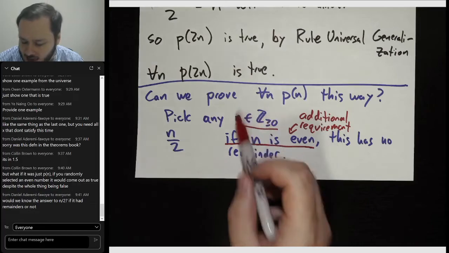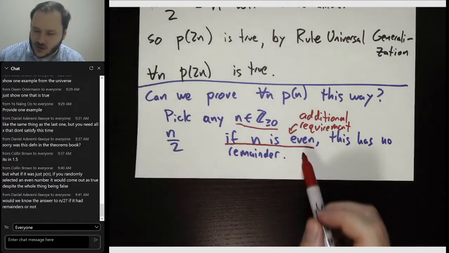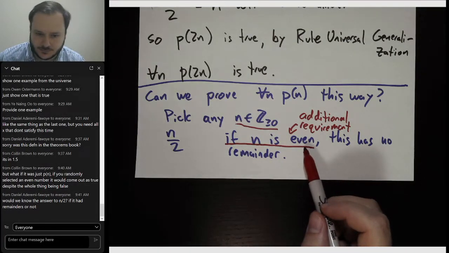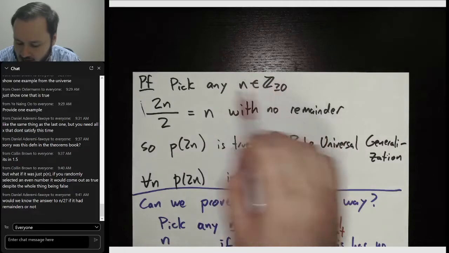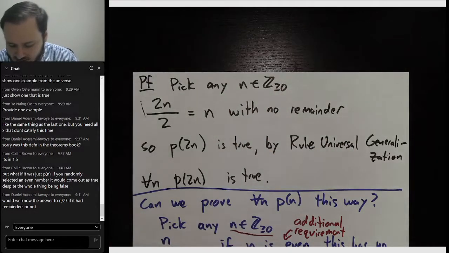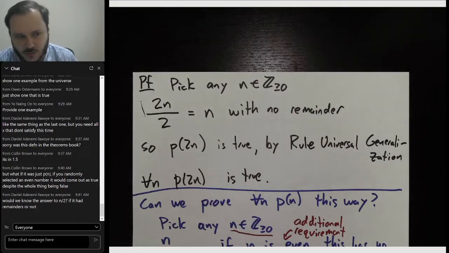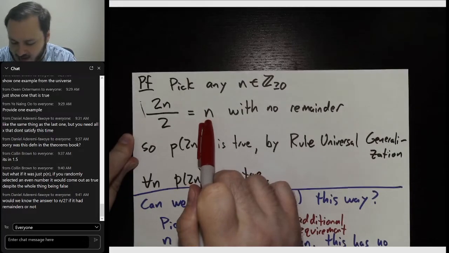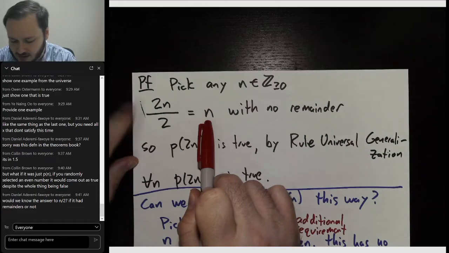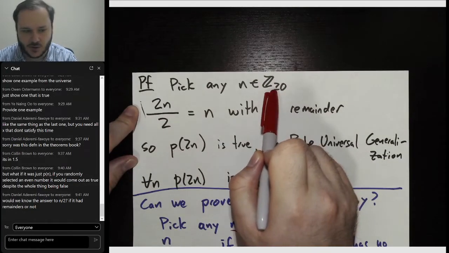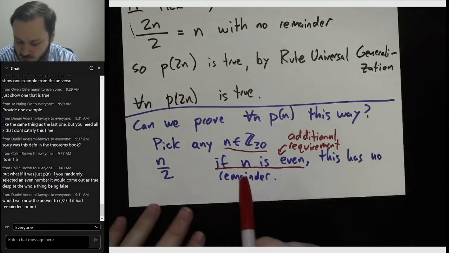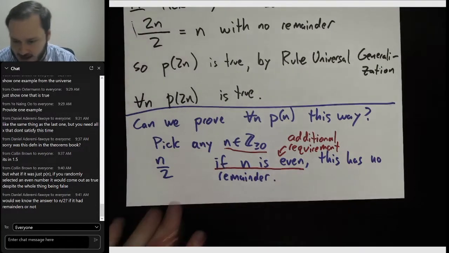It's only any arbitrary n that is also even. In this last example, once I picked my n, there was nothing else I had to add. No other properties were required. Just that this n that I got as my division was a whole number, because it started as a whole number. So this is why it's really important to make sure you're not adding any additional requirements.